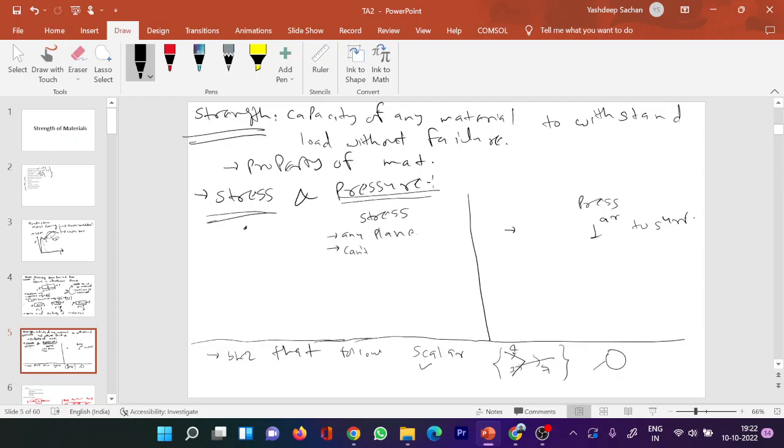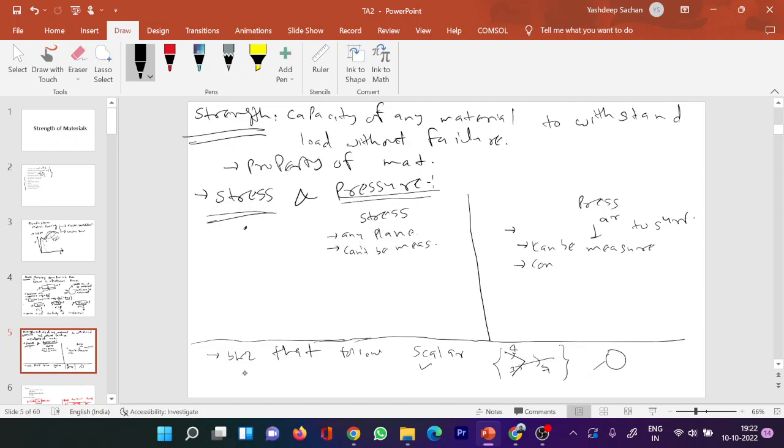That is one type of stress. So here we'll write can't be measured and can be measured. Since pressure follows scalar addition, it is a scalar quantity.